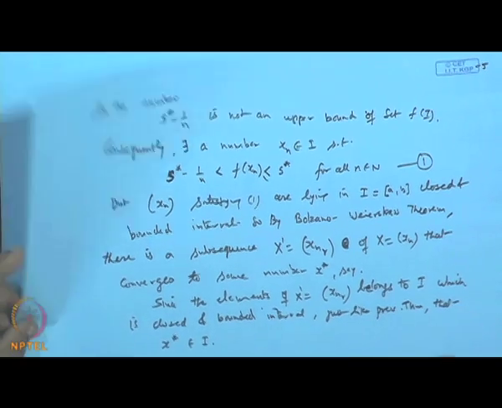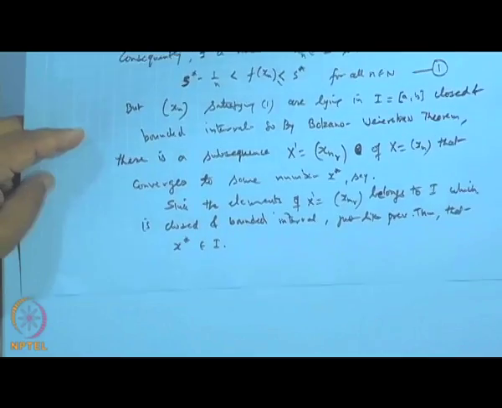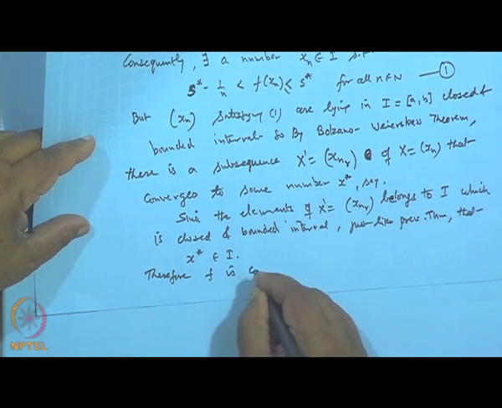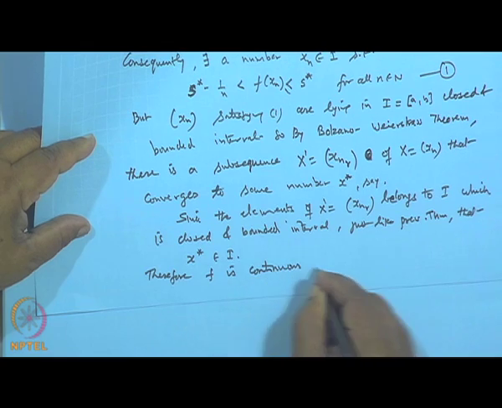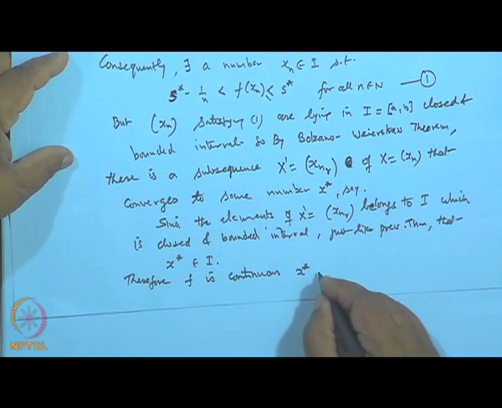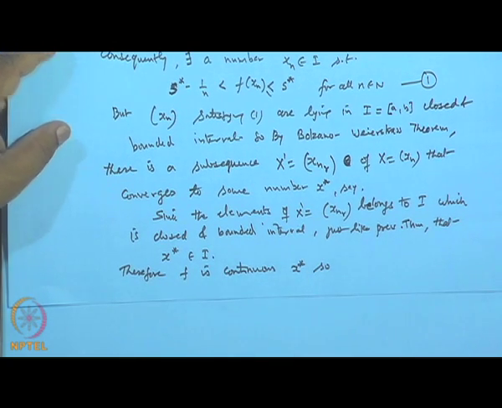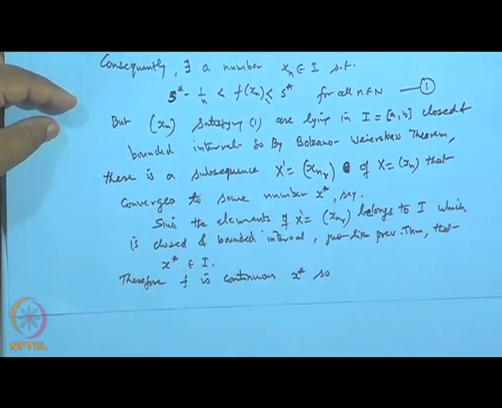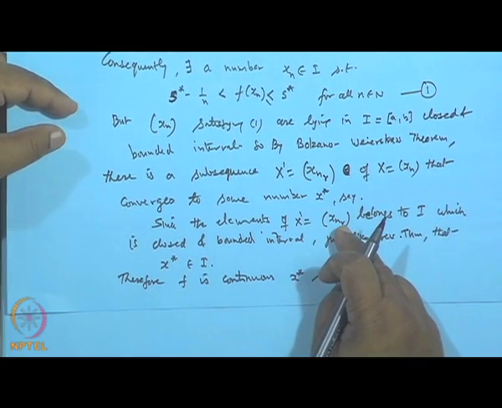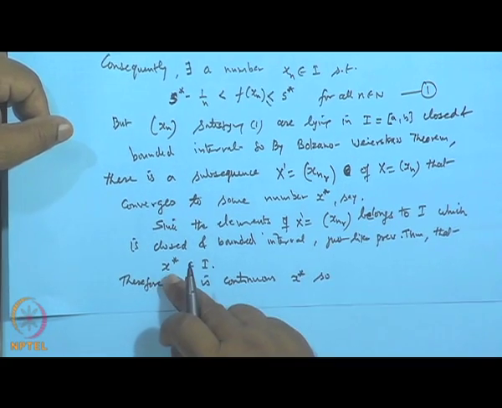Therefore, f is continuous at this point also, because it is continuous throughout I. So, once it is continuous, apply the Heine definition. Heine's theorem says, if a sequence converges to x star, then f(x_{n_r}) will also converge to f(x star).